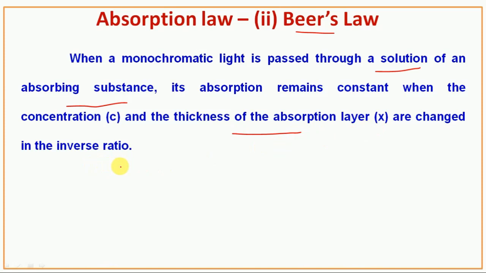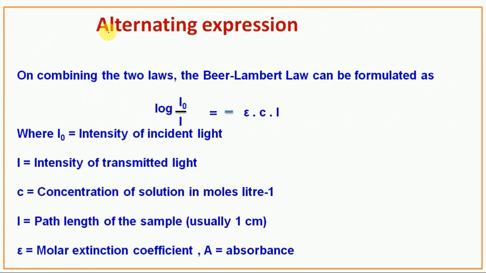When a monochromatic light is passed through a solution of an absorbing substance, its absorption remains constant when the concentration C and the thickness of the absorption layer X are changed in the inverse ratio. Next, the Beer-Lambert equation.